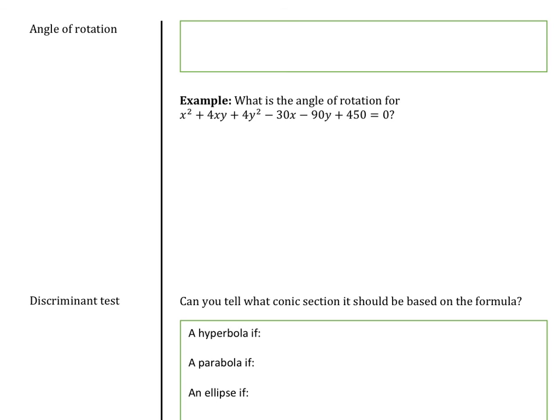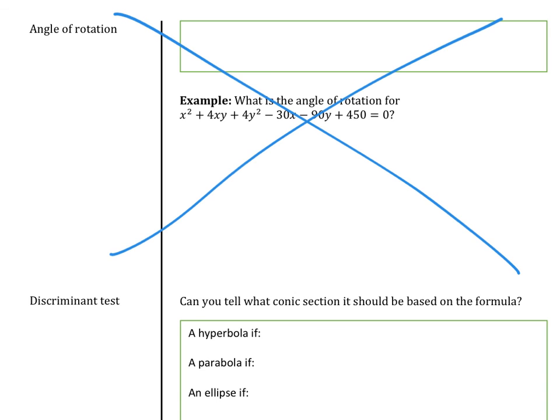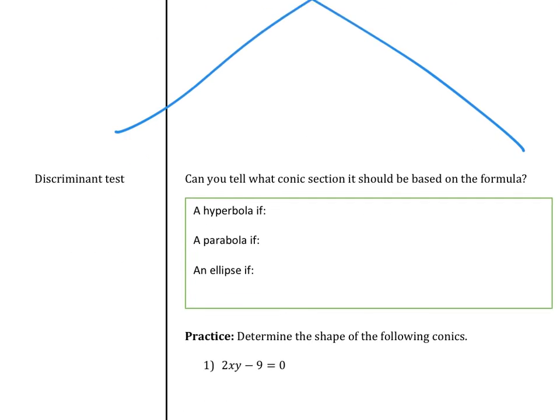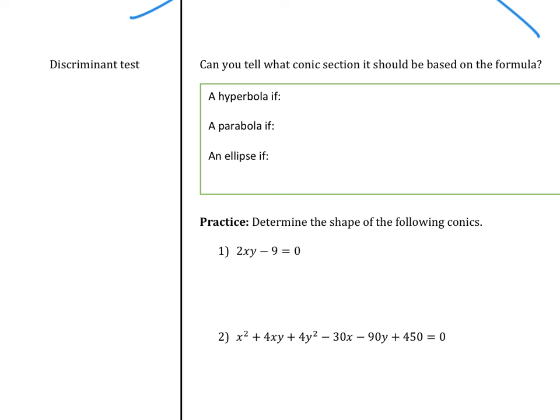There's a lot of topics in this section, so we are very limited on time, so there are things that we're going to skip. For example, figuring out which angle we're going to rotate through, we're going to skip. The only last thing we want to do is called the discriminant test. It's basically trying to figure out what conic section it will be based on the formula. And this is very simple.